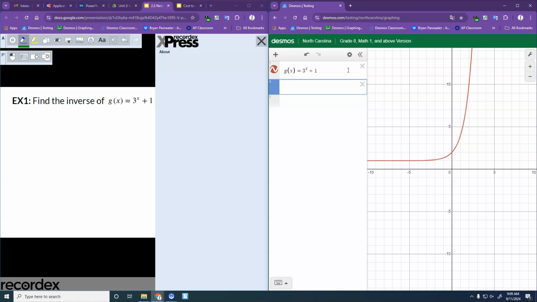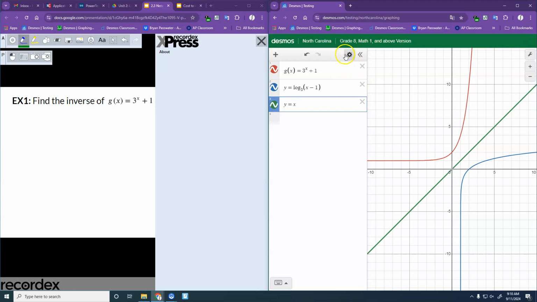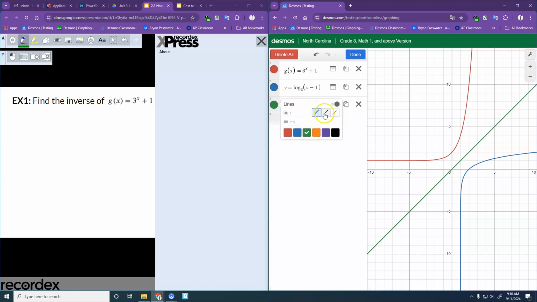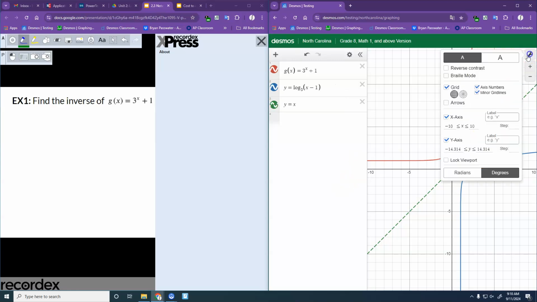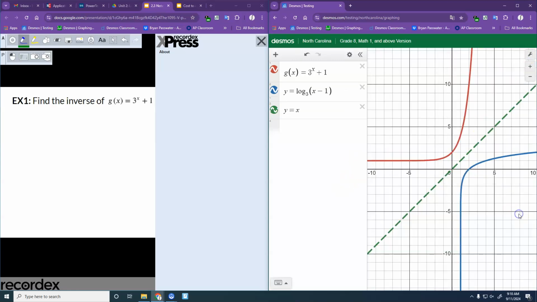Remember that Desmos is not like inverse notation, so we're just going to say y equals log base 3 of x minus 1. And if we graph y equals x, and I'm going to make that one dotted. Okay, does that look symmetric to you guys? I think so. I feel pretty confident in my answer there.